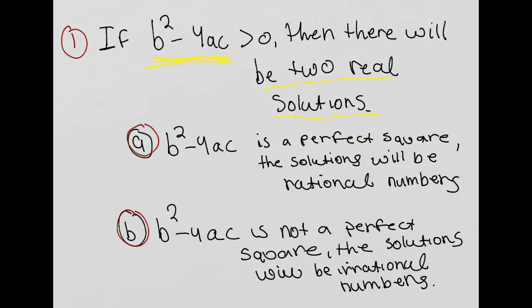If the number you get after simplifying this expression is a perfect square, you will have rational numbers. If the number is not a perfect square, you will have irrational numbers.